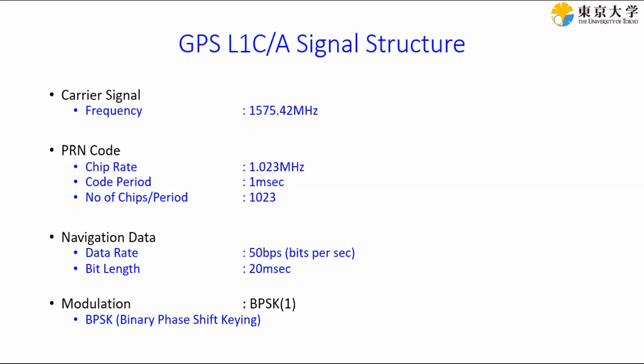Like in the case of radio, it's FM 80 megahertz, which means your carrier frequency is 80 megahertz. In the case of GPS, it's 1575 megahertz. And you have some signals like the PRN code and other things coming, which is digitized from your voice to the digital signal. So same thing we do in GPS. So PRN code, carrier, and the navigation data. These three we have to combine.